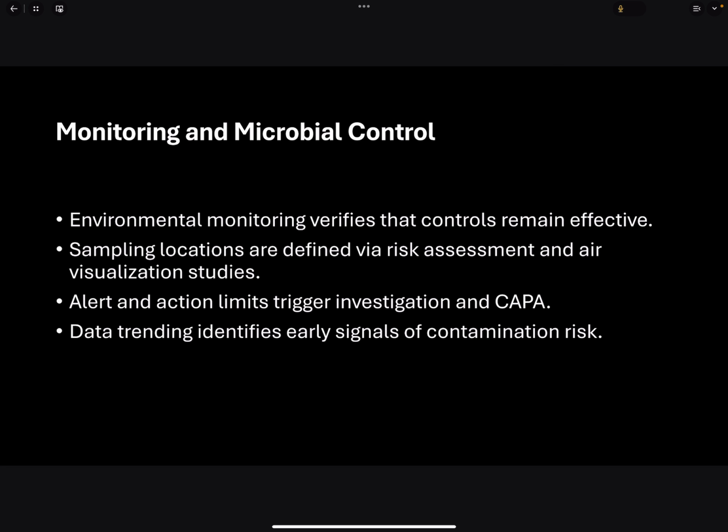If trends shift or limits are breached, it triggers an investigation and CAPA. Monitoring doesn't just collect data, it's how we keep the entire system alive and responsive.